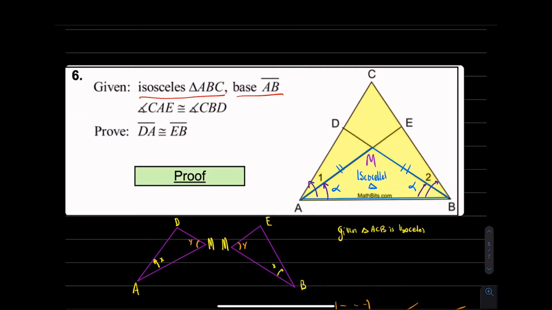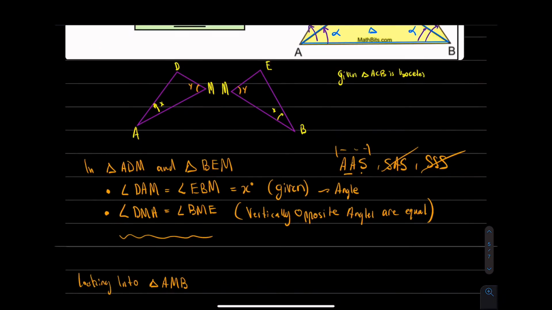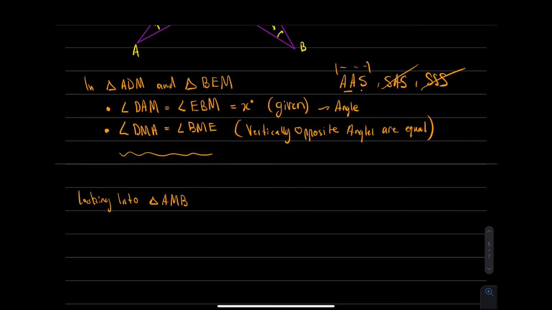So we're going to say that angle CAB minus CAE is equal to EAB, okay? Cool.